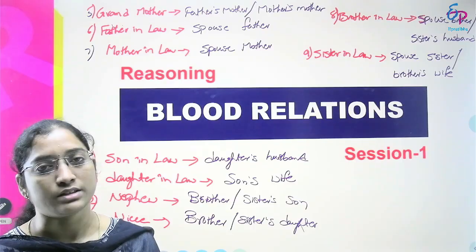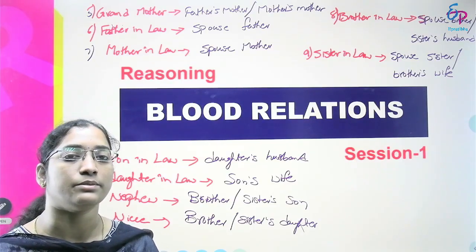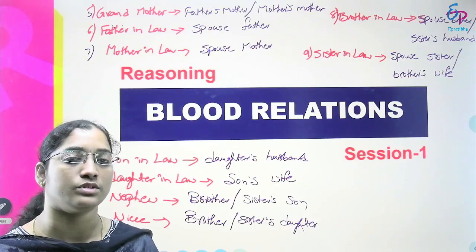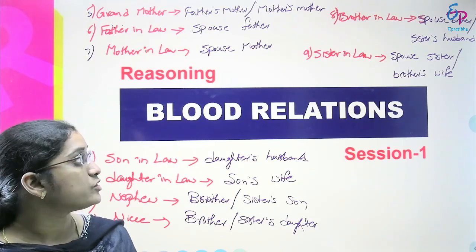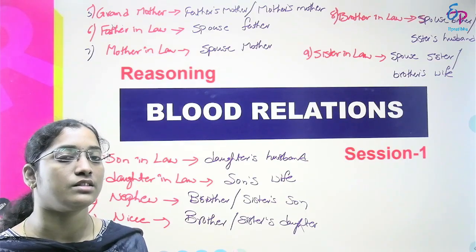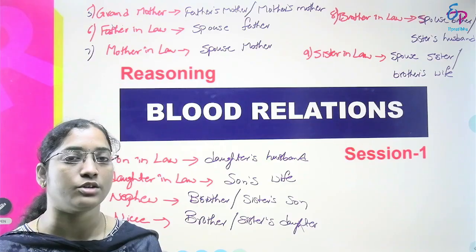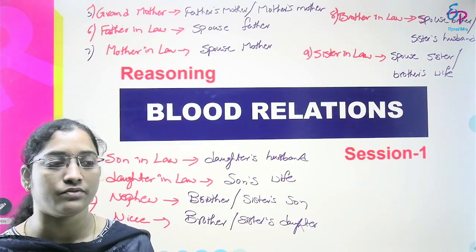In general, if you want to take any other symbols, there is no problem, you can choose them. If you know all this basic information related to blood relations, you will not have any problem when solving your questions related to blood relations, friends.